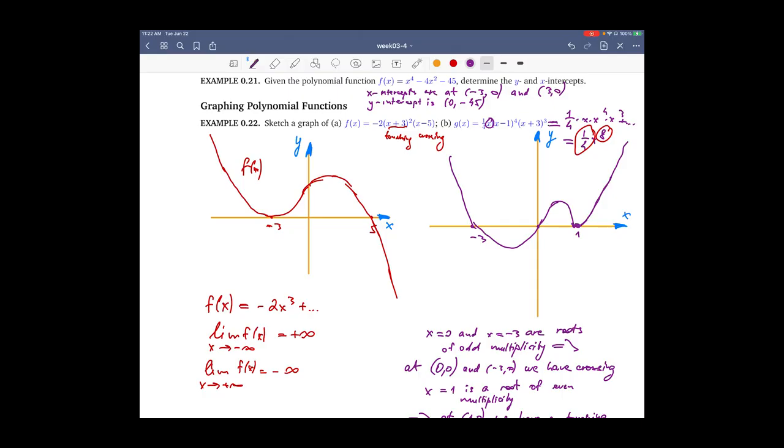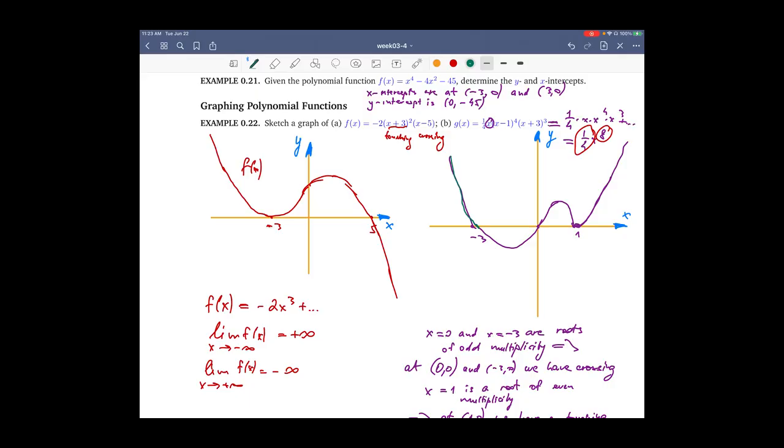We can't, for instance, know that the graph won't look like this. Although we kind of know that it can't look like this, because this is a graph of degree 8. It cannot have more than 7 points of local extrema. Still, there is a great deal of freedom here.